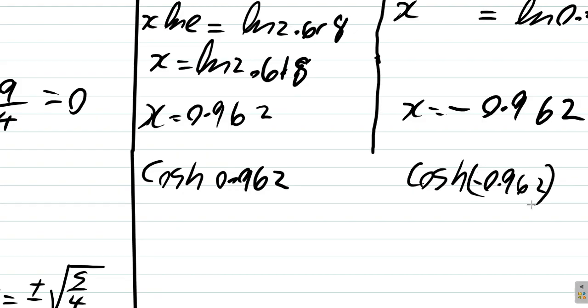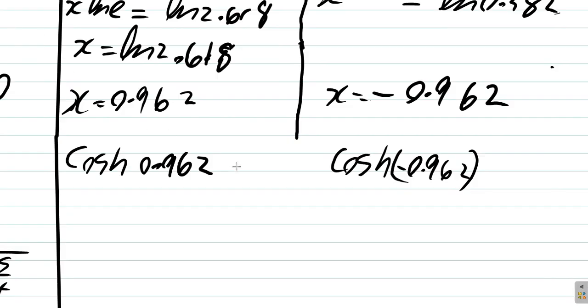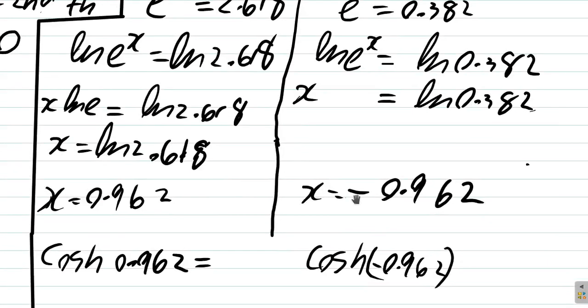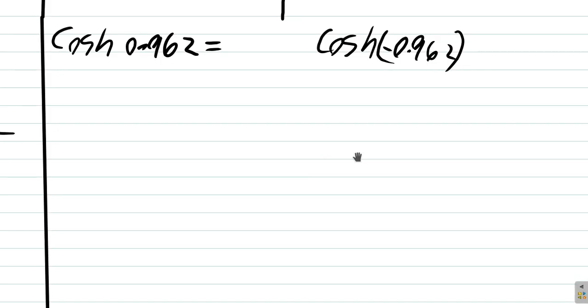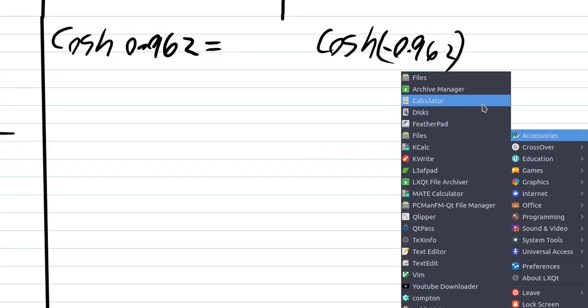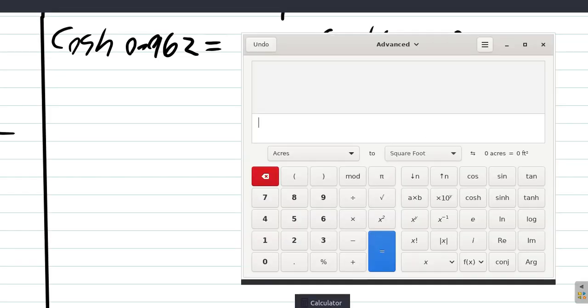Let me put this in brackets because it has a negative sign in front of it. Now, what are we supposed to get again? 1.5. So now we're going to use a calculator and test this out and see what's going to happen.